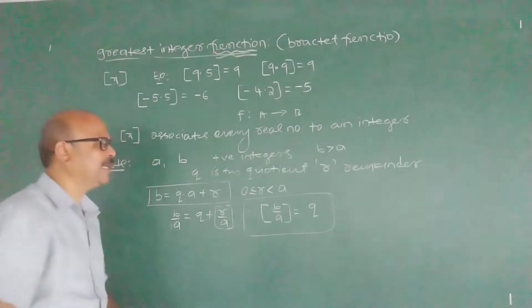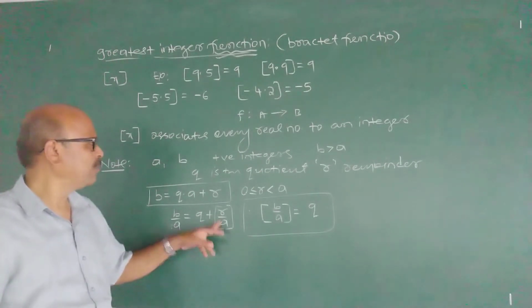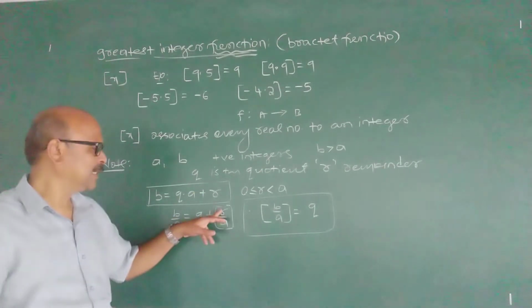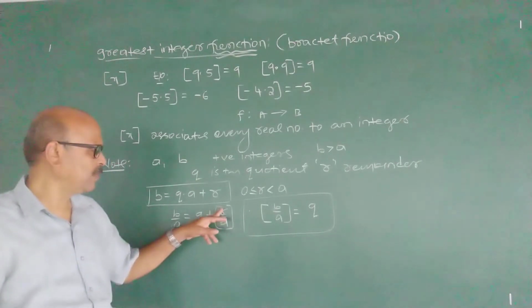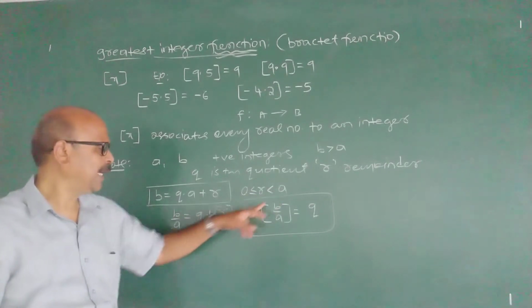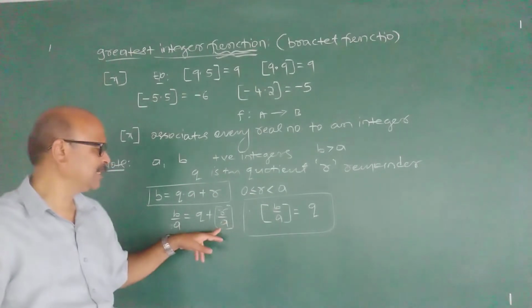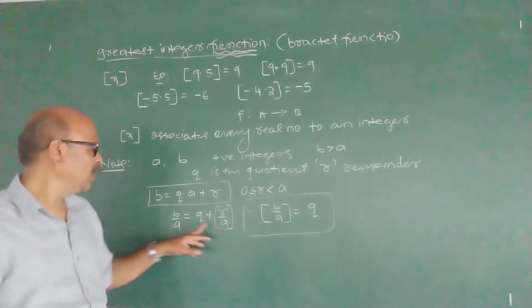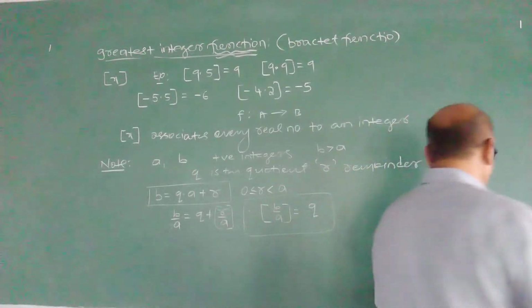R by A is less than 1, and we have taken A and B as positive. Less than 1 and non-negative means the greatest integer of R by A must be 0. Why is it less than 1? R is less than A. We consider only such divisions. Remainder must be less than the divisor. So the greatest integer of B by A is equal to Q.